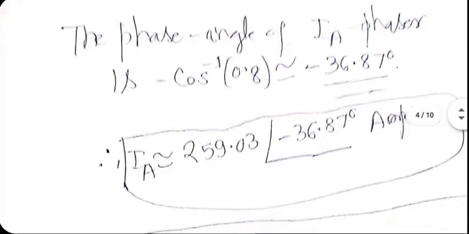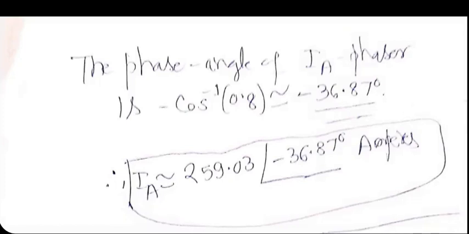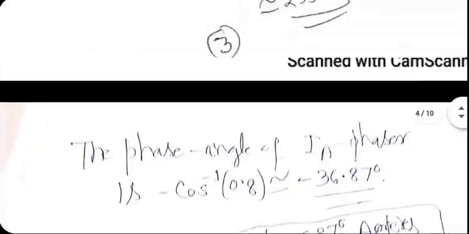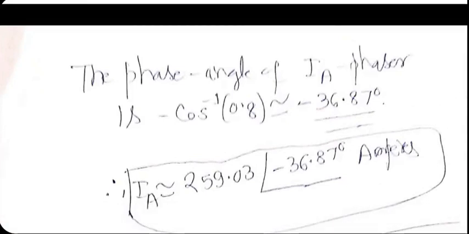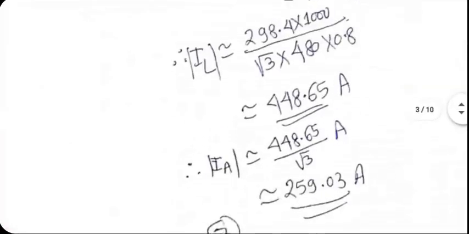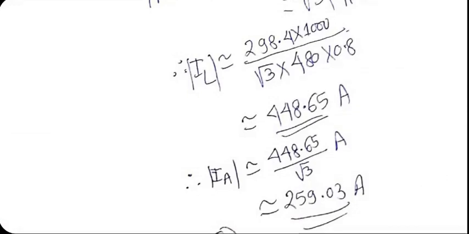So the actual value of IA, including the phase, is 259.03 ampere approximately, with an angle of minus 36.87 degrees approximately. There's a lot of logic involved in doing these calculations. You got to be mindful of that. If I had given you a star connected motor, it would have been a very different kind of calculations.